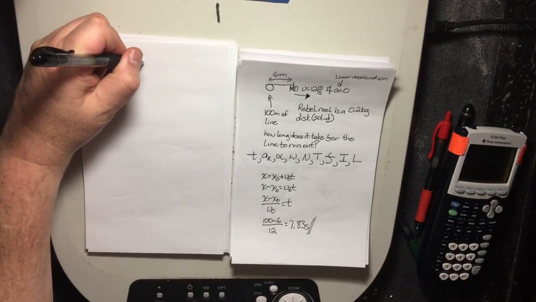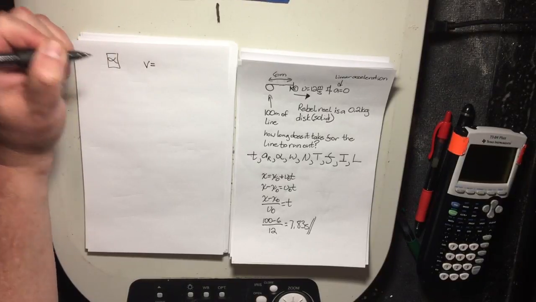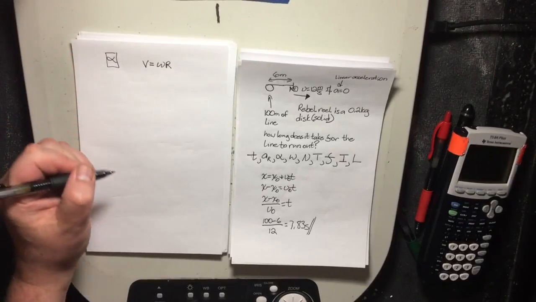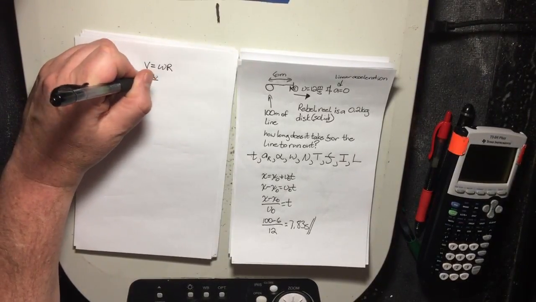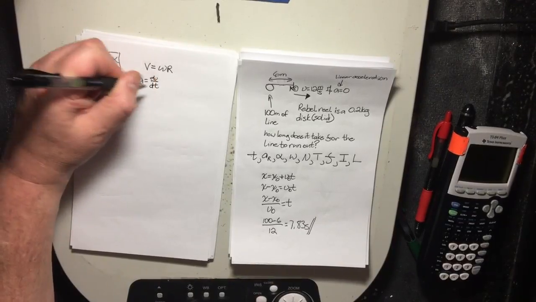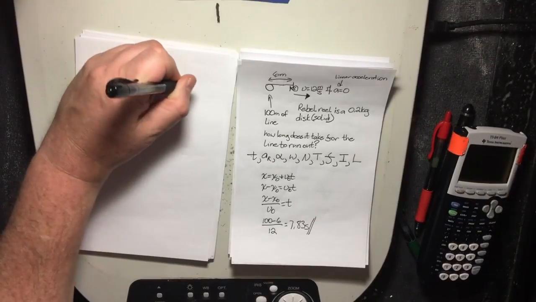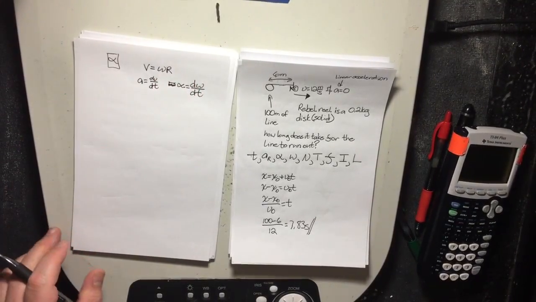Let's talk about this. What is the relationship between velocity and angular velocity? v is omega r. Well, what's a? Well, that's dv over dt. And what's alpha? d omega dt.